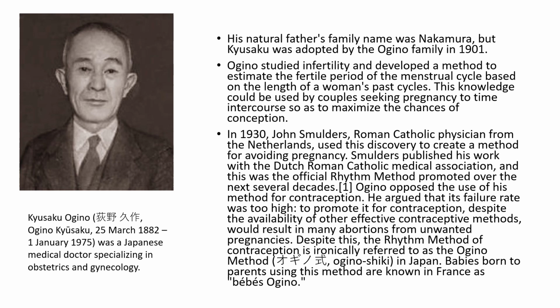He argued that its failure rate was too high to promote it for contraception, despite the availability of other effective contraceptive methods, and would result in many abortions from unwanted pregnancies. Despite this, the rhythm method of contraception is ironically referred to as the Ogino method, Ogino Shiki, in Japan. Babies born to parents using this method are known in France as bébés Ogino.